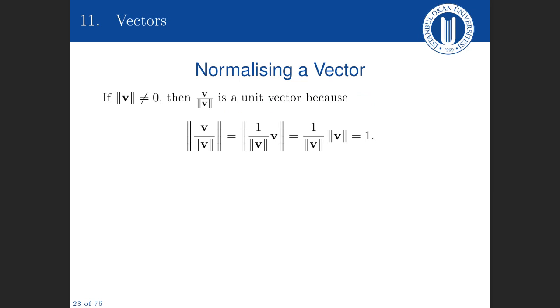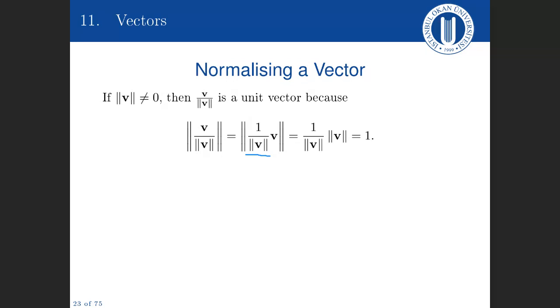If we have any non-zero vector v, where its norm is not equal to 0, then we can create a unit vector just by doing v divided by the norm of v. Why is this a unit vector? Because if we take the norm of this vector, that's the norm of 1 over norm of v multiplied by v. 1 over norm of v is just a number.